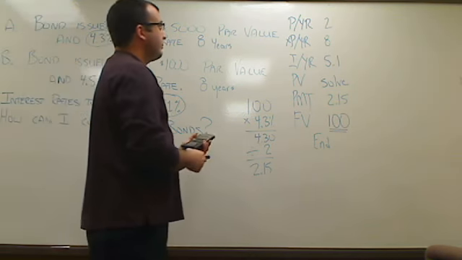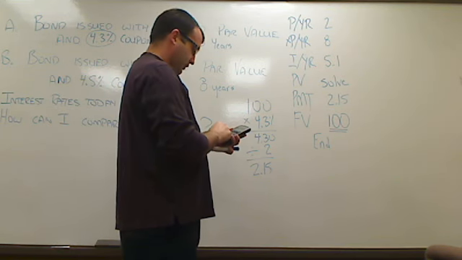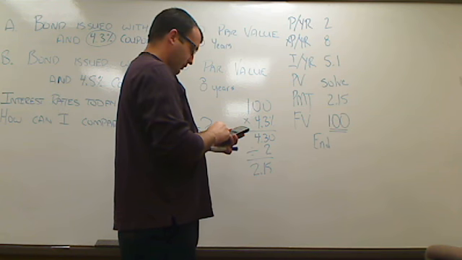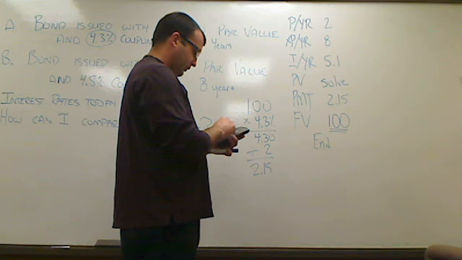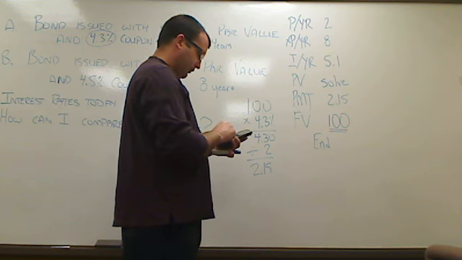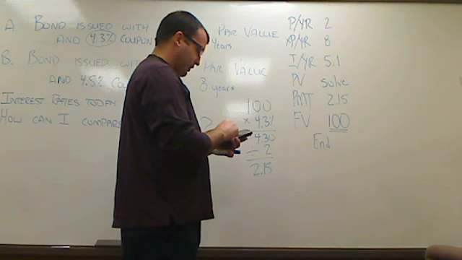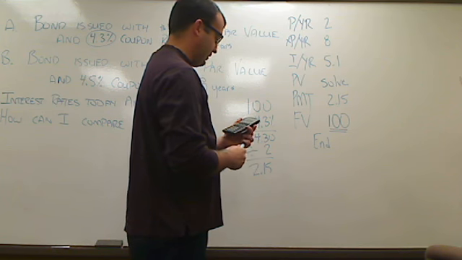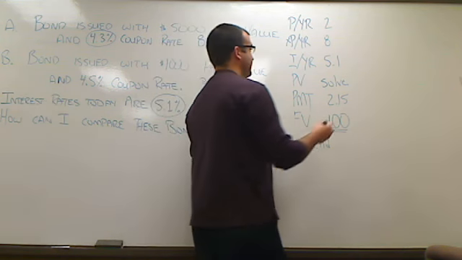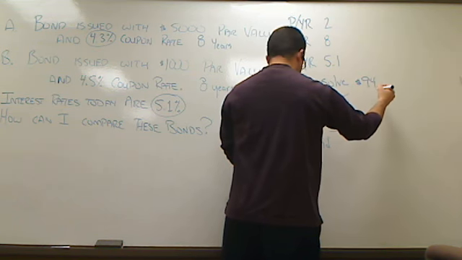So we can just go through and input all those values into the calculator. And solve for our present value, and you'll get a value of $94.798. And this is normally what you'll see.